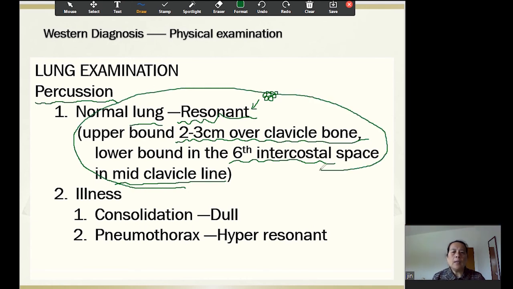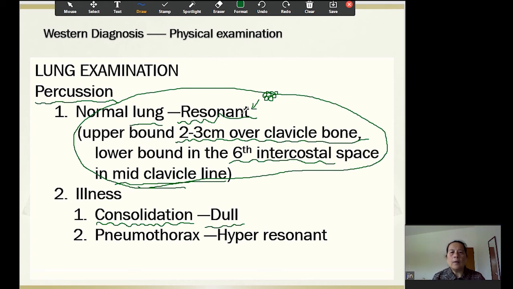If in the lung area it changes from the resonant sound to a dull sound, there must be some illness related to something solid, like some tumor inside, some liquid inside.